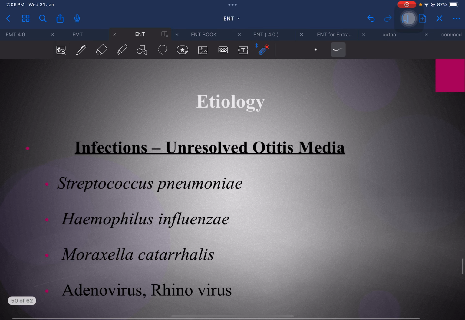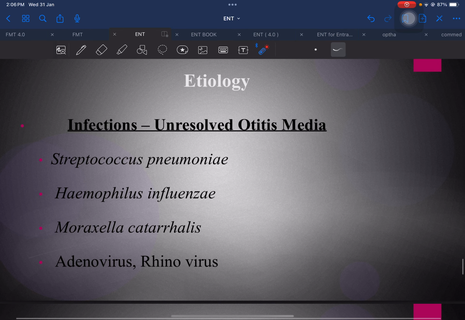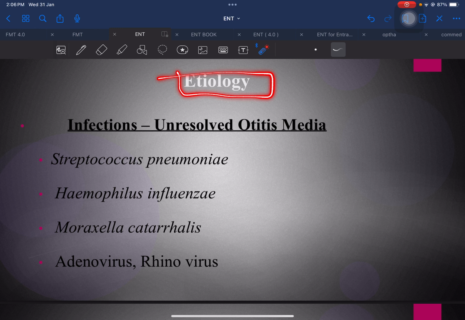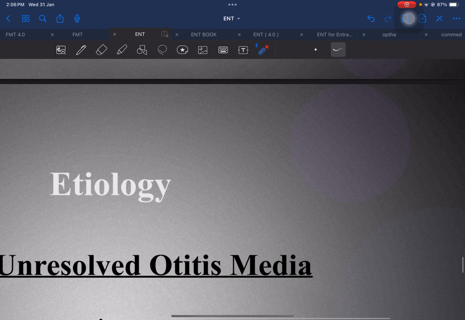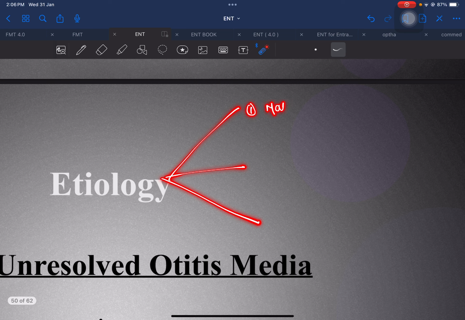Now talking about its etiology, right? The etiology includes several things. The first one is malfunctioning of the eustachian tube. We have already mentioned the malfunctioning of the eustachian tube in pathogenesis, right?